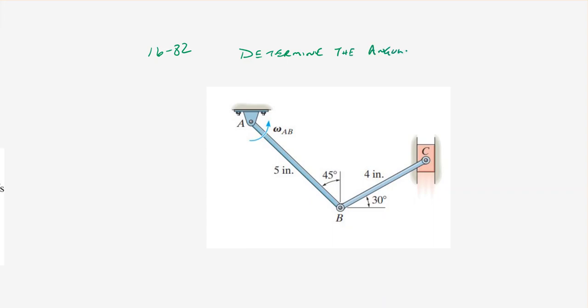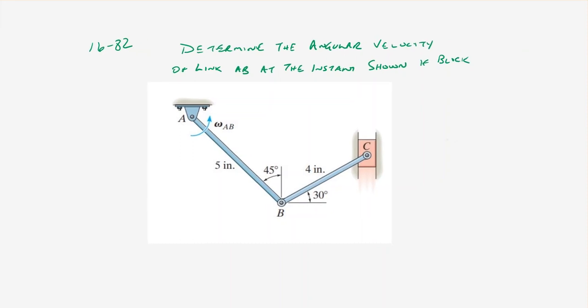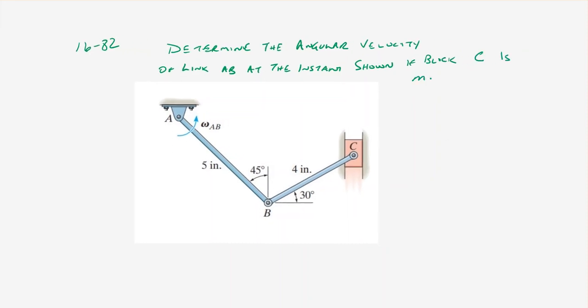the angular velocity, which is omega, of link AB at the instant shown if block C is moving upward at 12 inches per second.